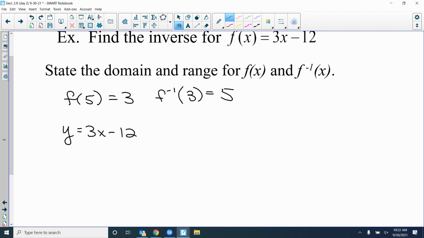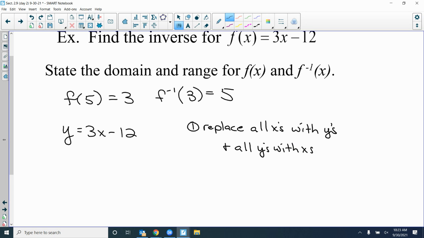Once it's written like that, what you want to do is replace all x's with y's and all y's with x's. And really what you're doing after that is you're going to solve for y.